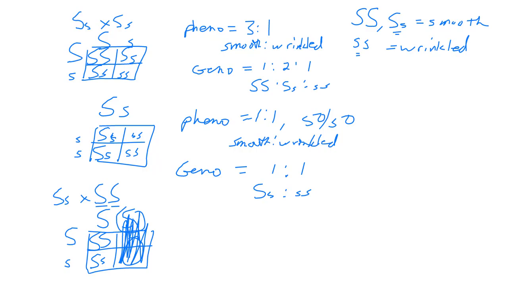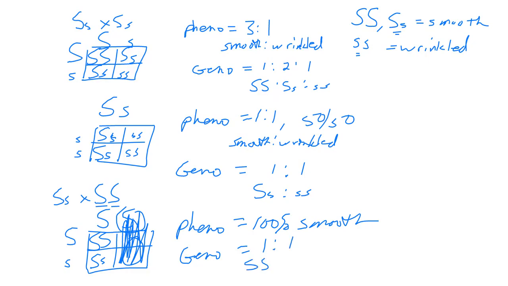Right, so again, our phenotypic ratio is 100%. It's 100% smooth, right? Because everything has a big S. Our genotypic ratio is 1-to-1. Right, big S, big S to big S, little s.